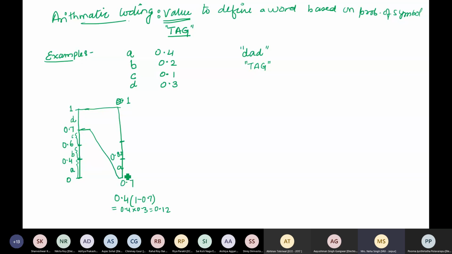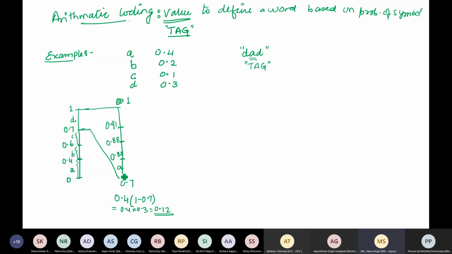So I add 0.18 to this, giving 0.88. Then 0.7 into 0.3 is 0.21, so the next division would be 0.91. Fine. So now I have transmitted D, so I spread out 0.7 to 1, then a more precise value will be given based on the second symbol that I need to send.